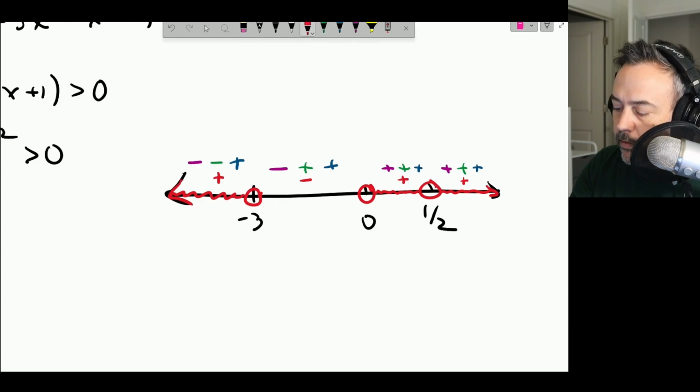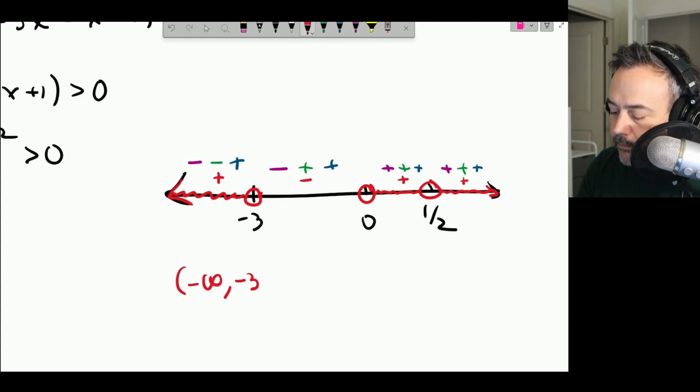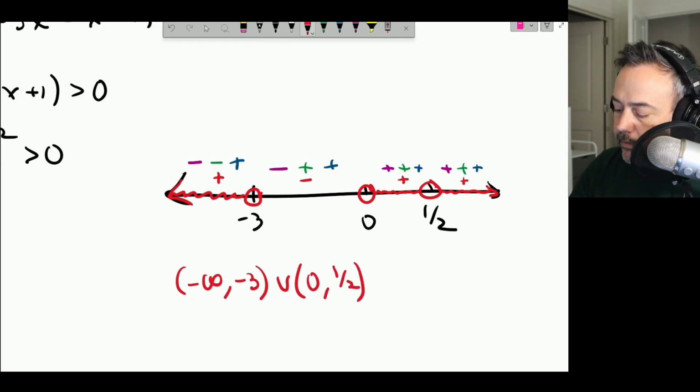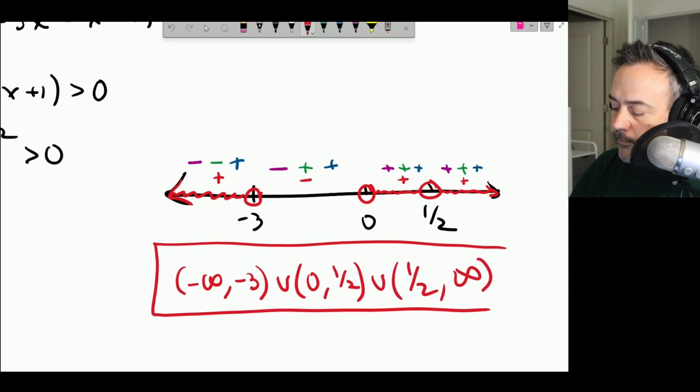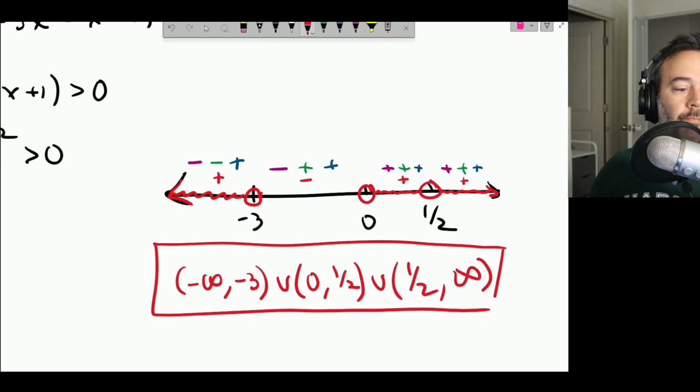Done. And we get what? Negative infinity to negative 3, not including that. Union 0 to 1/2, not including 1/2. Union 1/2, not including, up to infinity. There we go.